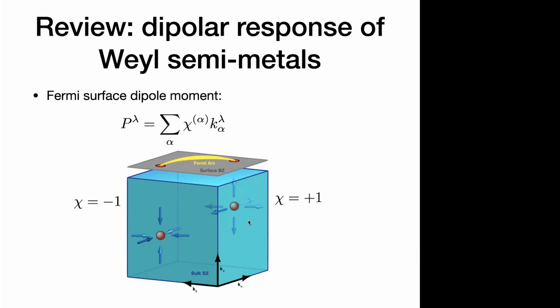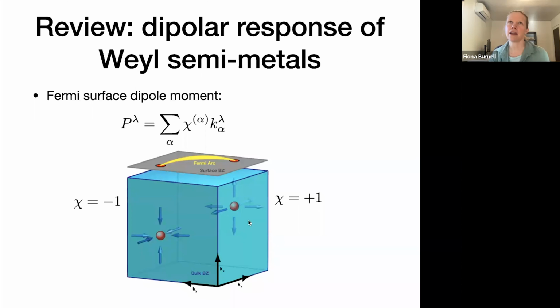Right, I guess for 3D. Yeah, I was thinking maybe if you have a tilted cone in 2 dimensions, you would get this kind of Fermi surface, right? Yes, that's right. If you took a Dirac cone in 2D and you tilted it, you would get this kind of Fermi surface.